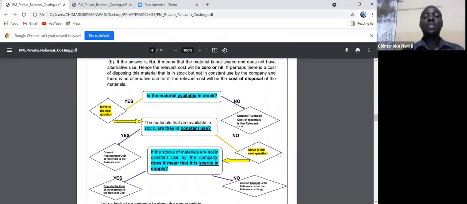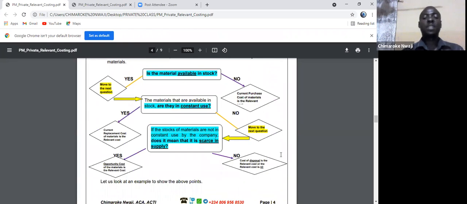Now look at how neatly it is shown in a chart. Look at the three questions here. Is the material available in stock? If the answer is yes, move to the next question. If the answer is no, the current purchase cost of the materials is the relevant cost. Moving to the next question, you ask, are the materials available in stock in constant use?